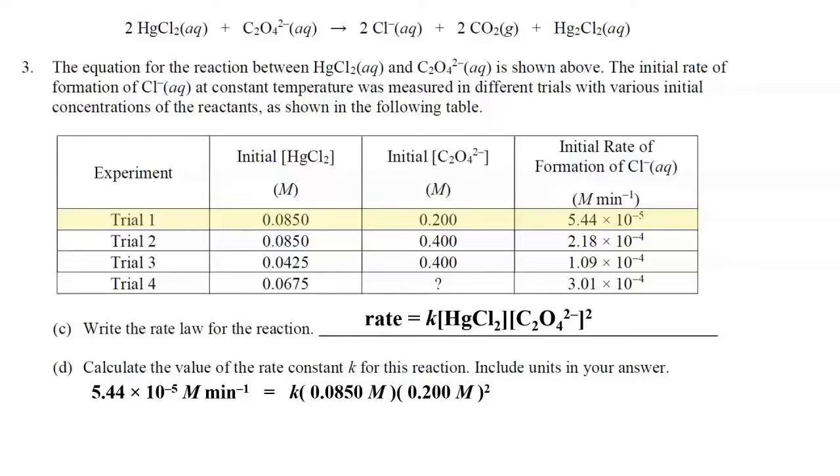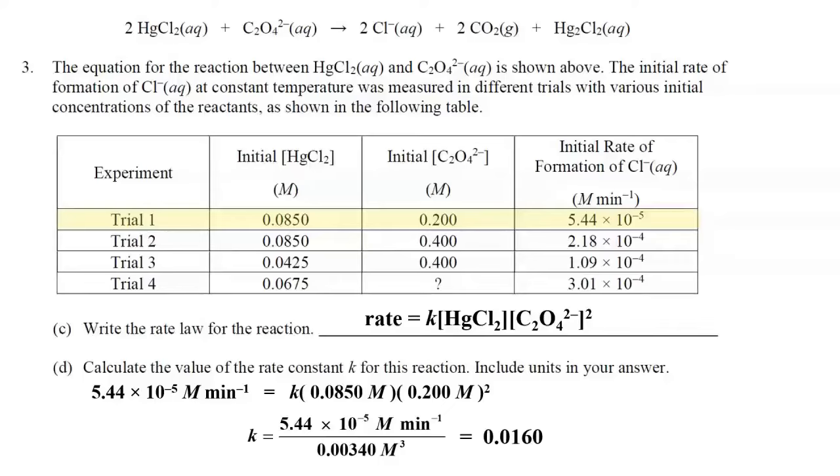And I have the initial concentration of C2O42-, which is 0.200 moles per liter, but that number is squared because it's second order with respect to that chemical. So when I do this math and I solve for k, what I get on my calculator is 0.0160 for the numerical value of the rate constant.